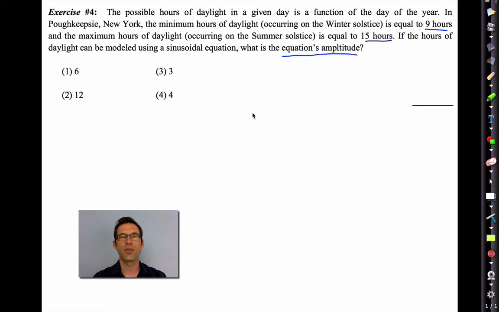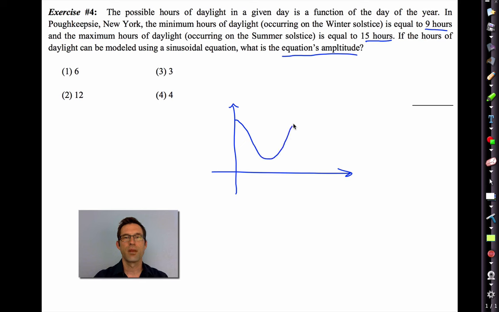Pause the video now and think about this. All right, this one should be a piece of cake after all of this, right? I don't care exactly what the graph looks like. These are my daylight hours. This is the day of the year, right? Our maximum is 15. Our minimum is 9.